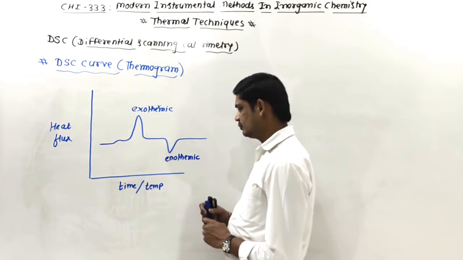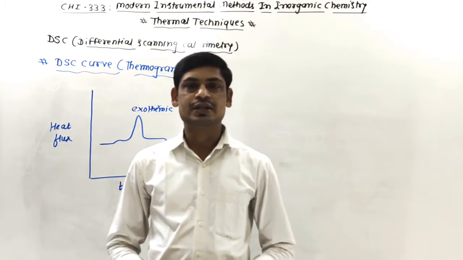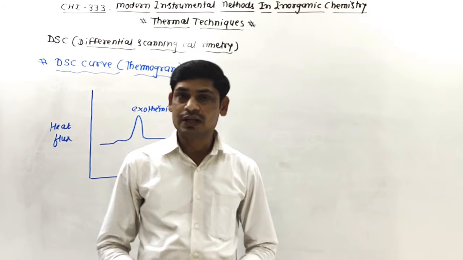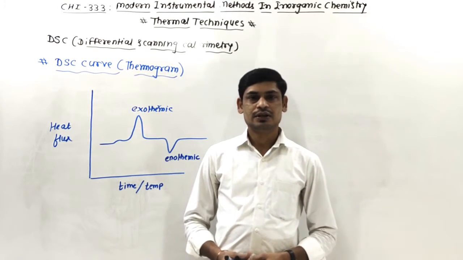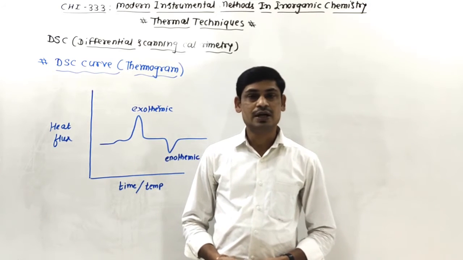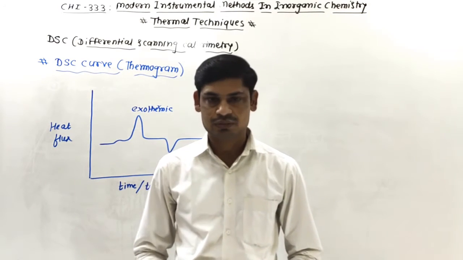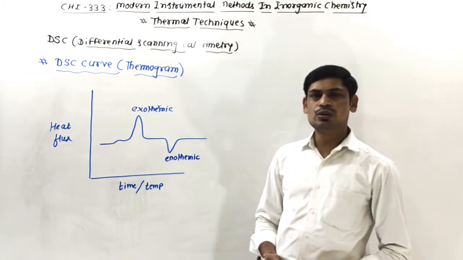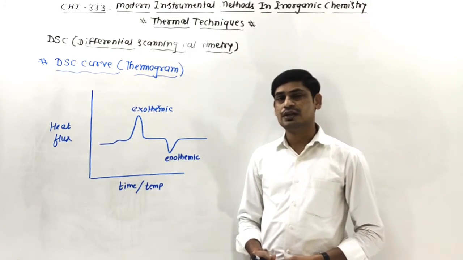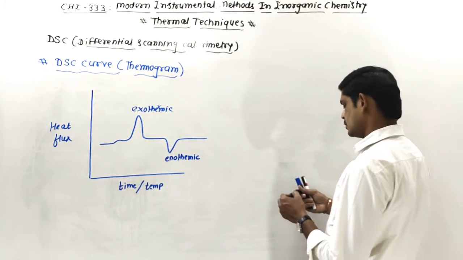As per our definition of a DSC, we studied that this is an analytical technique in which the difference in enthalpy change of the sample and reference material is monitored as a function of time or temperature. And therefore, in order to express our result in terms of enthalpy, the equation is used.